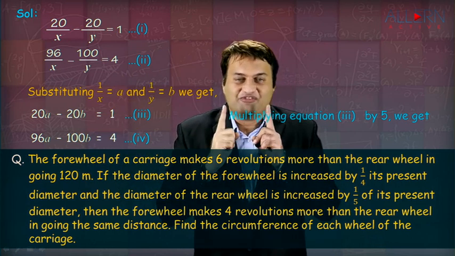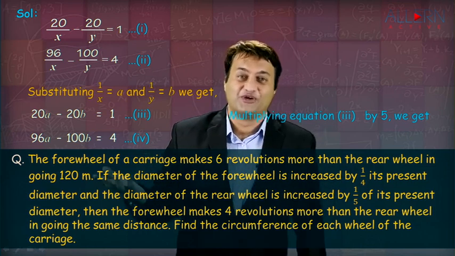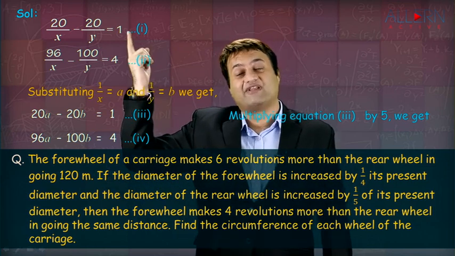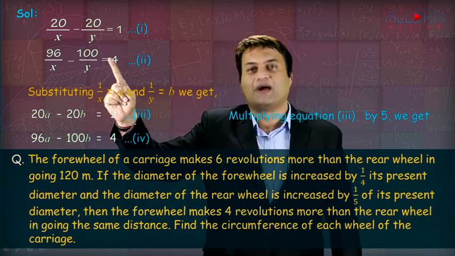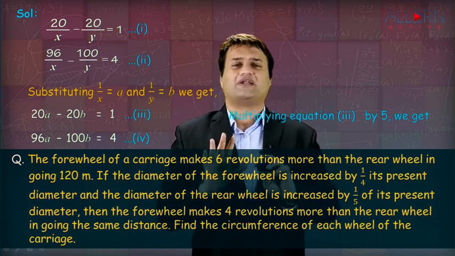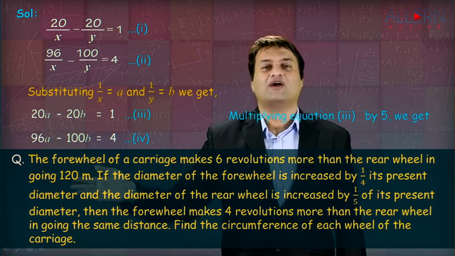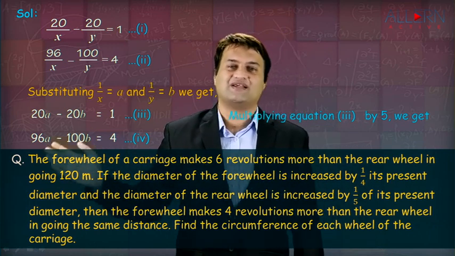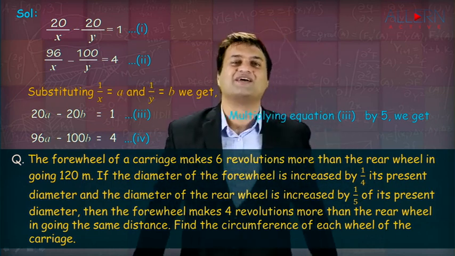So we are now saving that step of multiplying the fourth equation by 4 to make the coefficient same, and initially we saved that step of dividing throughout by 4. So basically we saved 2 steps just by not dividing throughout by 4. But even if you do it in the exam, it's perfectly fine. Just that you will have 2 extra steps, and ultimately what you will get as the fourth equation would be 96a minus 100b is equal to 4. The choice is absolutely yours, right?